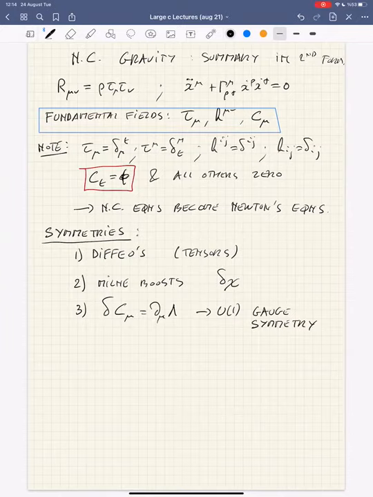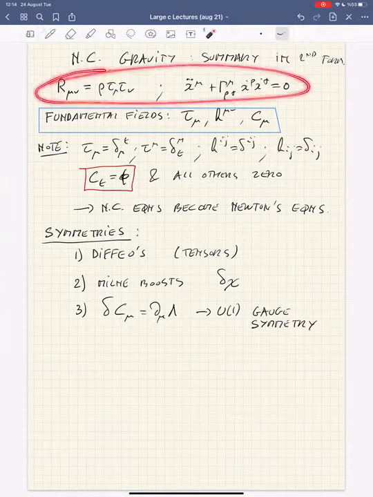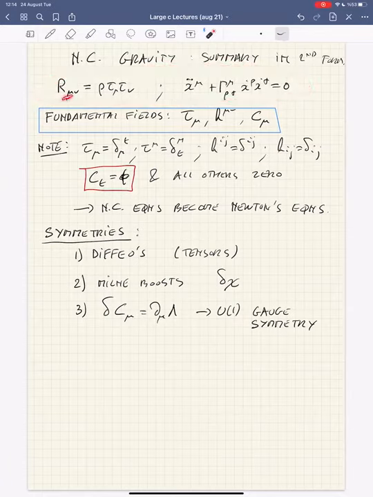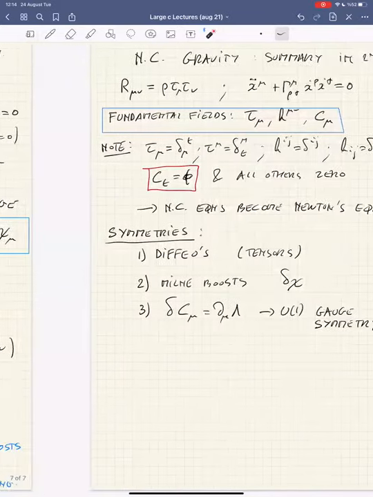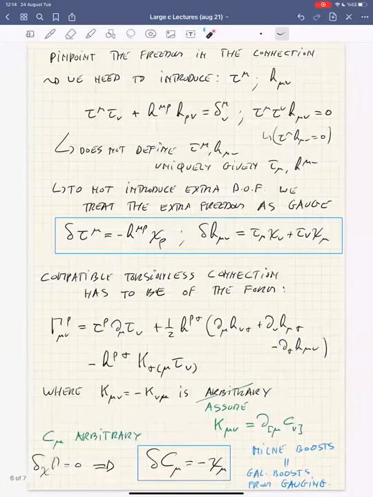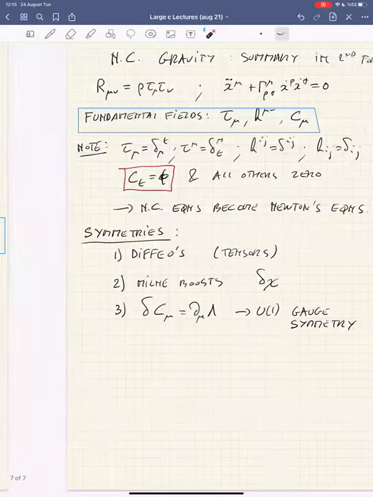Where did it come from? If you look at these equations, really everything goes through the connection. The only way C enters in these equations is through the fact that it sits inside the connection. But if you look at how it sits in the connection, it sits through its curvature K, and that's just an abelian curvature. So if I shift C, which is just the potential determining this field strength, with a closed form, nothing is going to happen.